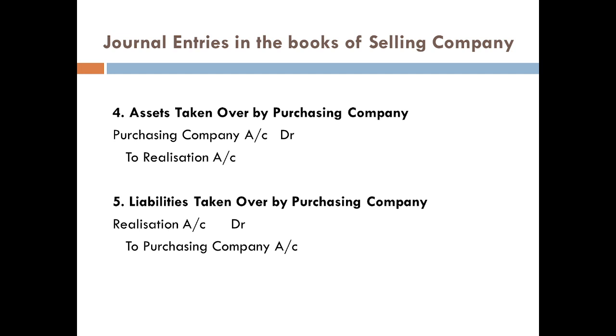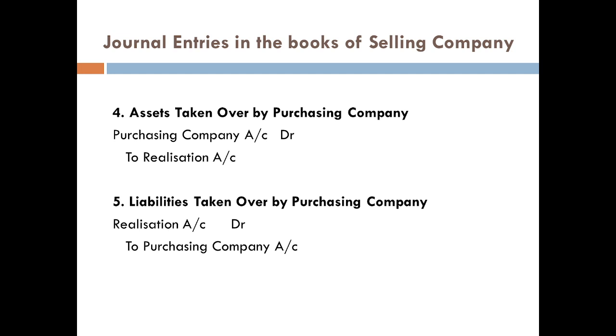In case of transferring, realization would have appeared on the debit side. Now we are recording realization on the credit side. Then the fifth journal entry is liabilities taken over by the purchasing company, where the journal entry is the other way around. It is very simple: realization account debtor to purchasing company account. In case of liability, irrespective of whether the buying company is taking it over or not, they are bound to pay for it.